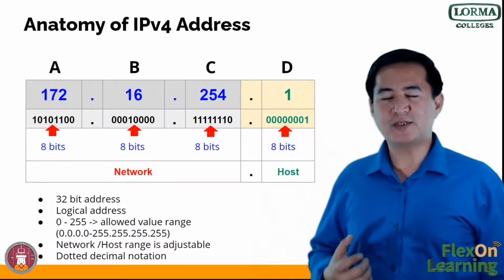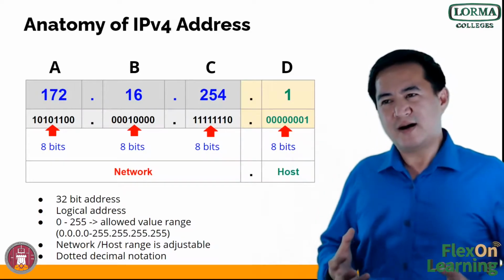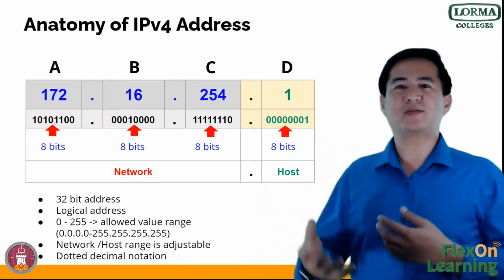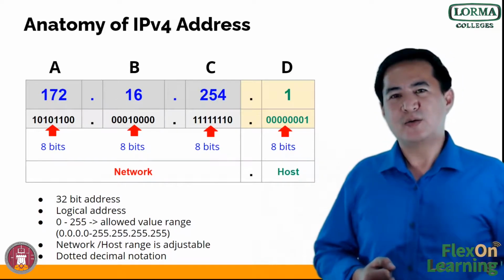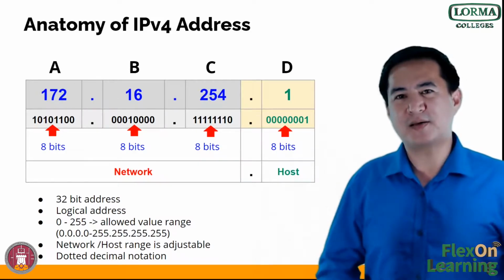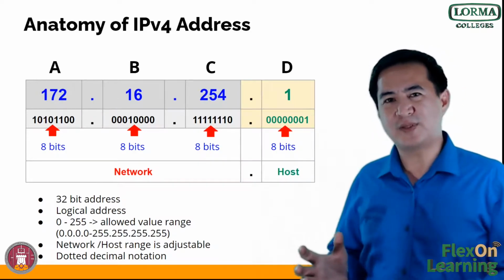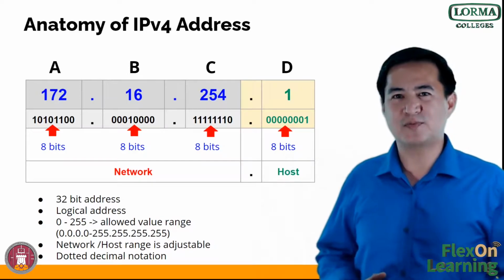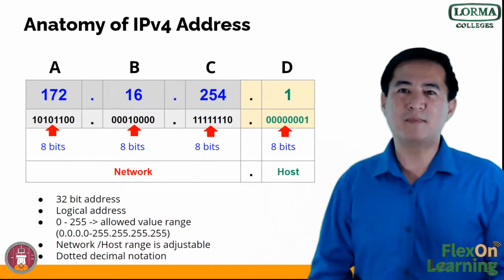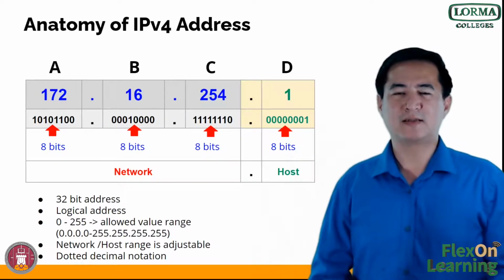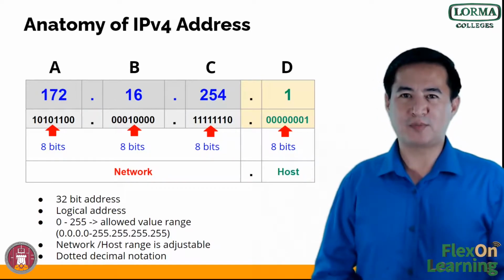It is a logical address, meaning when your computer starts up and it acquires an IP address, when you restart it again, there is a possibility that it will not be the same IP address that will be assigned to it. So in short, the IP address is not permanent and unique to that particular computer.